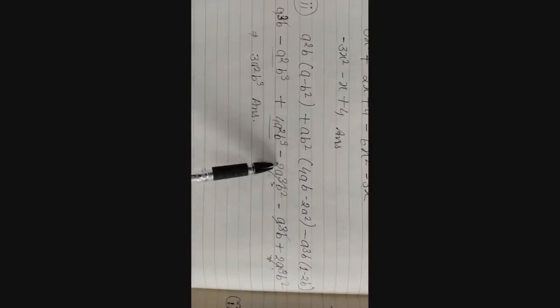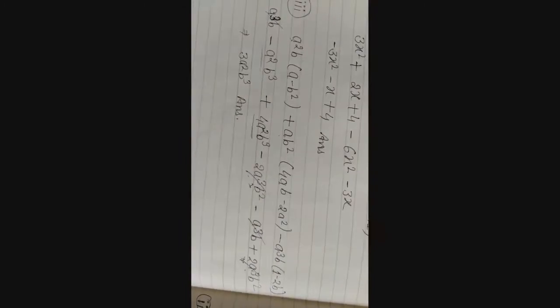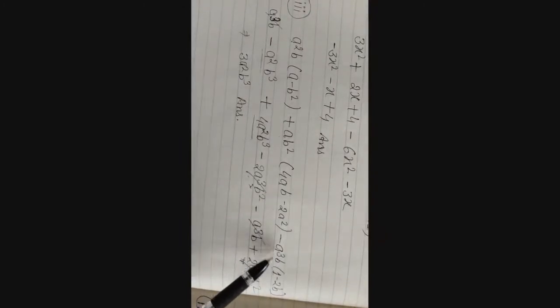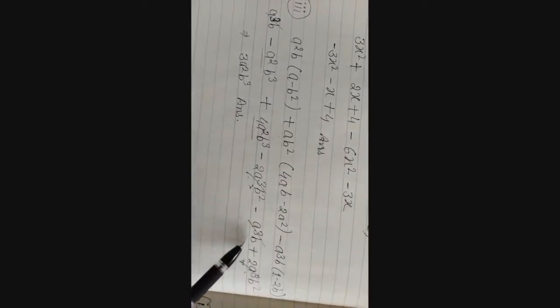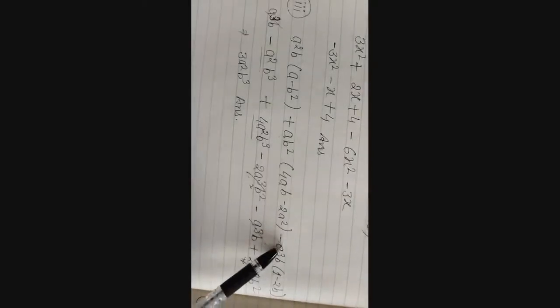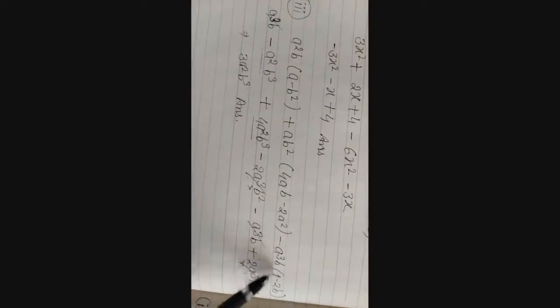So 2 is 2, a and a² will become a to the power 3, and this b² will become b². So this is minus 2a³b². Now this minus a³b will multiply with 1. So this is minus a to the power 3 b, minus and minus gives plus.